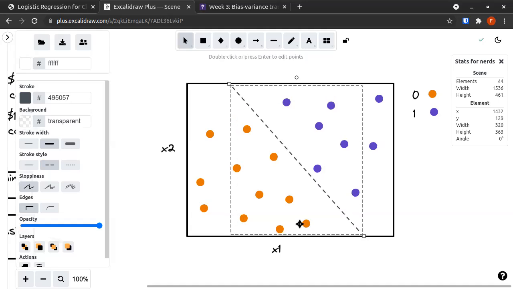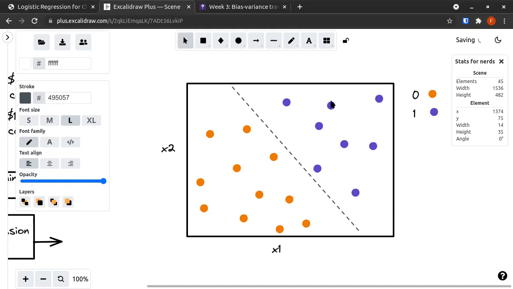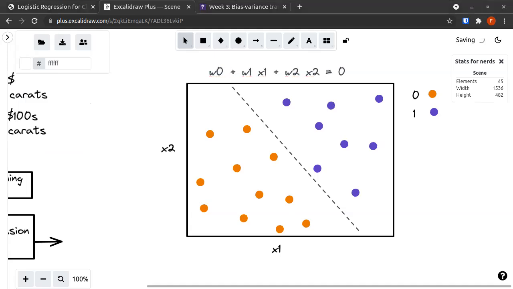And it separates the 0 class and the 1 class. This line has some equation. So the line is, let's say, W1 x1 plus W2 x2 equals 0, just like all the other lines we've been discussing.